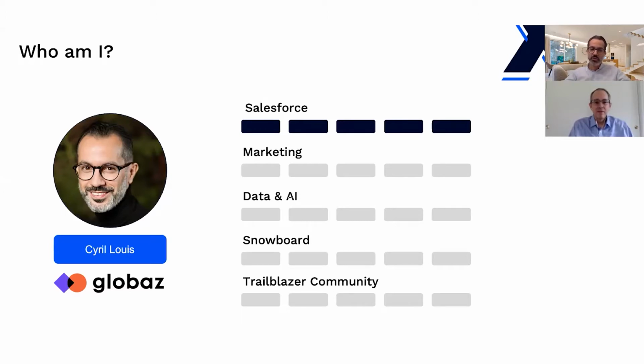And then I started to specialize on marketing, not just Marketing Cloud, but different topics around marketing strategies and different tools, but obviously Marketing Cloud. And then when you're working on marketing, data is more and more useful and important. So I've been involved in different data and artificial intelligence projects using DMP, CDP, machine learning, predictive intelligence, and so on.